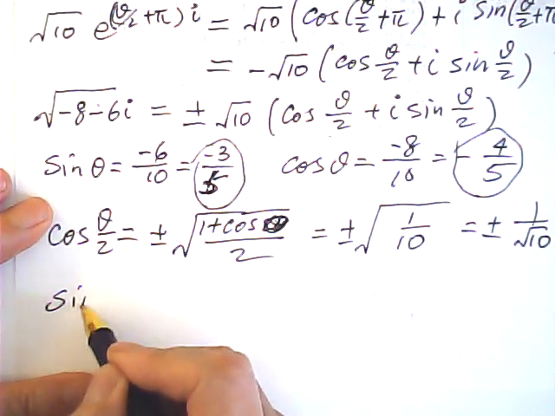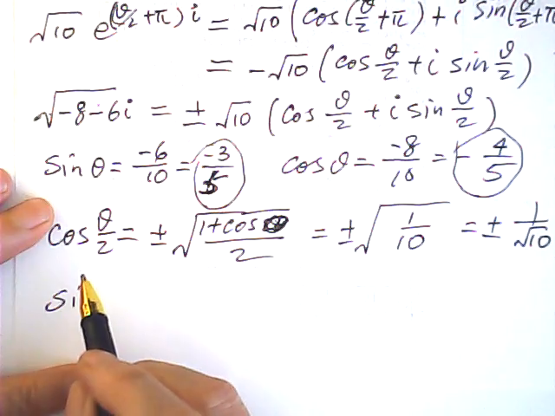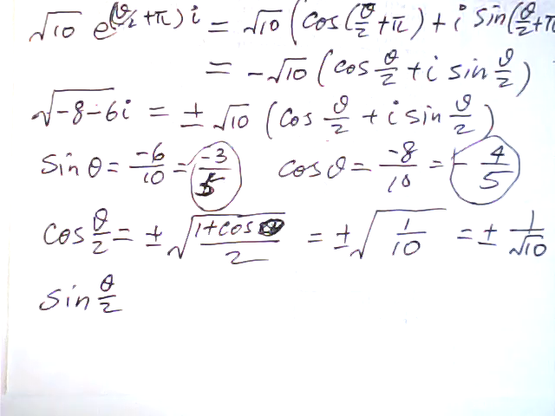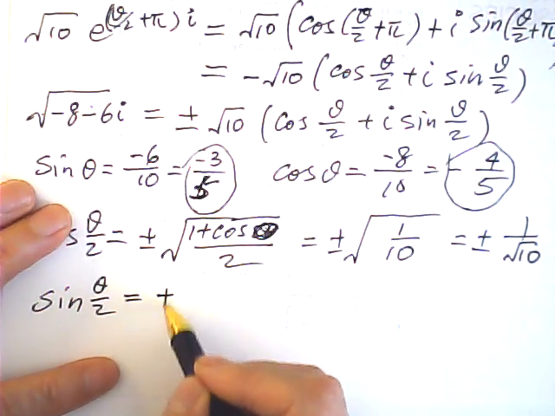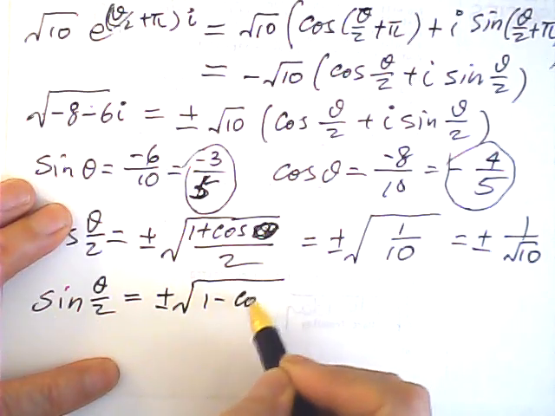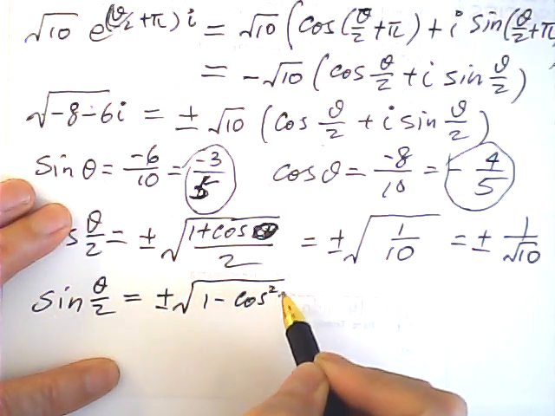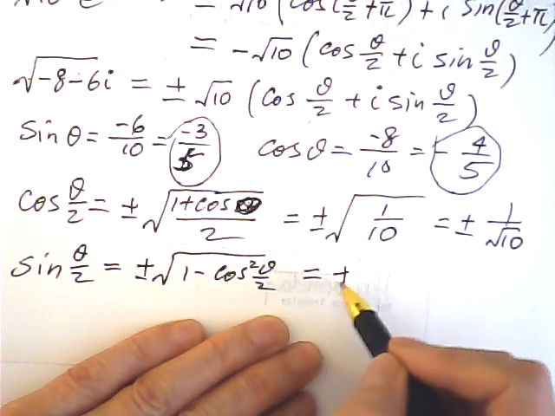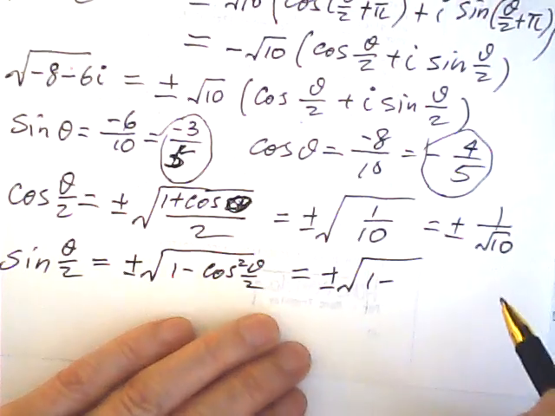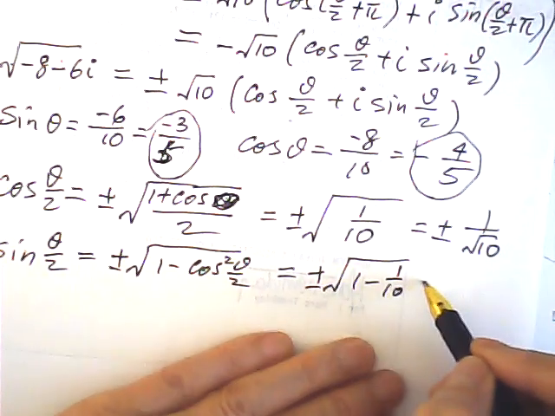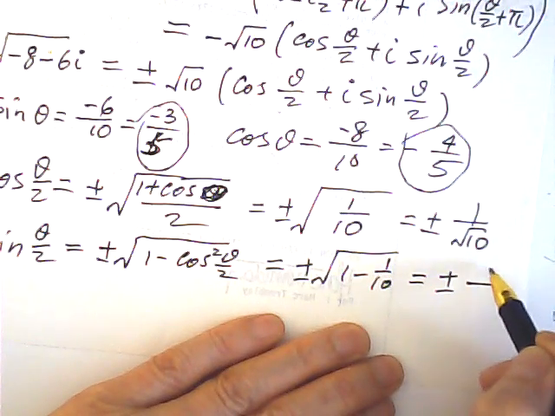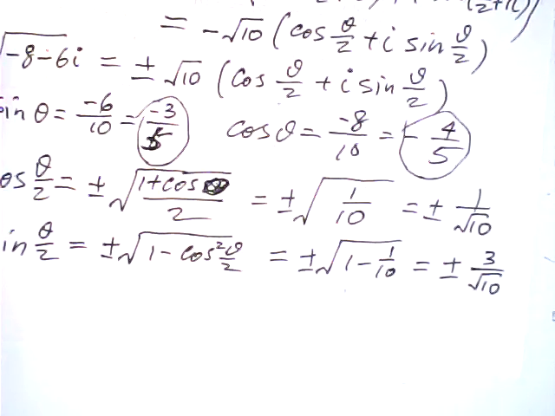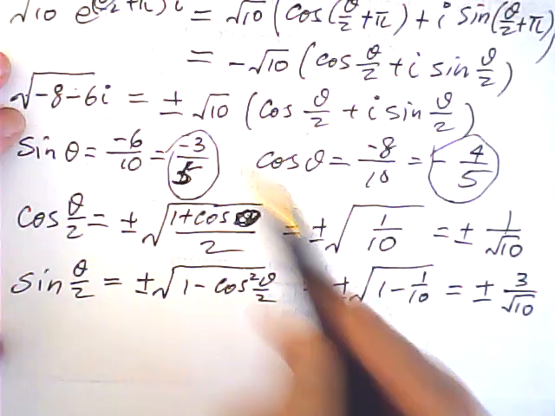Now sine is equal to plus or minus the square root of 1 minus cosine square, so this is plus or minus 3 over square root 10.